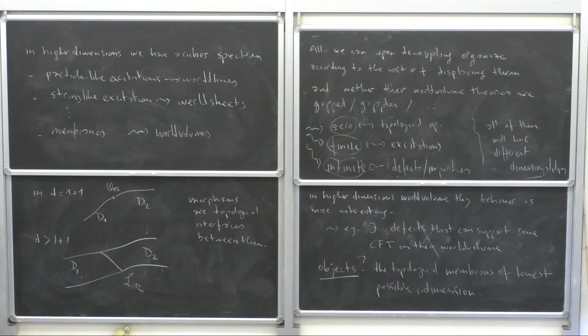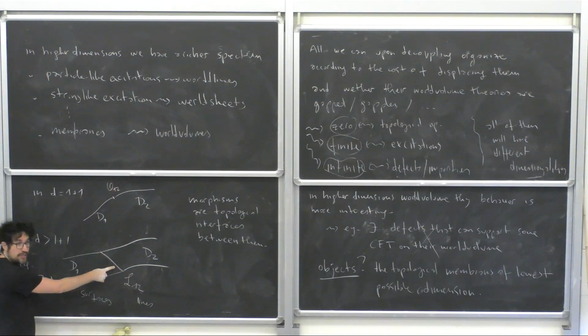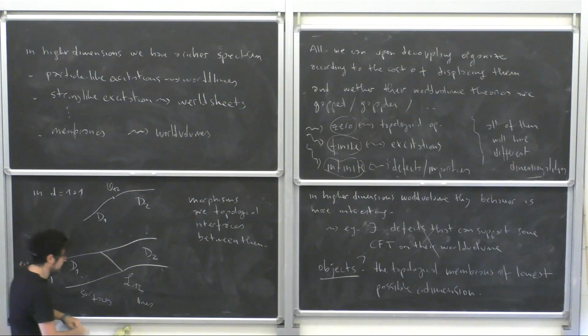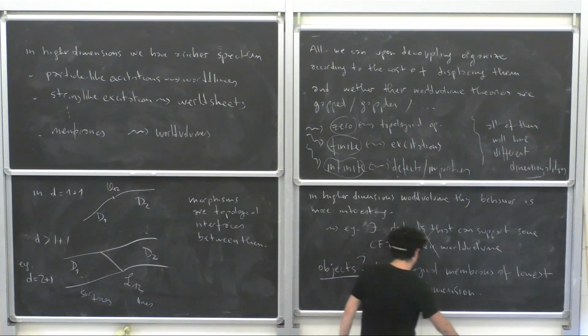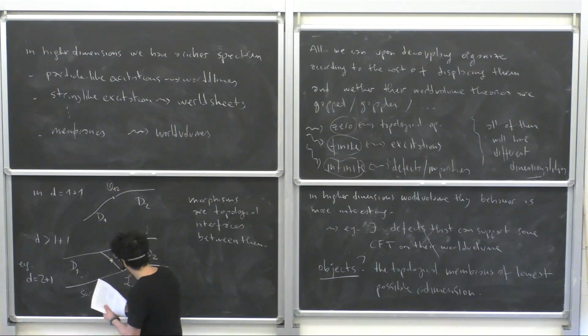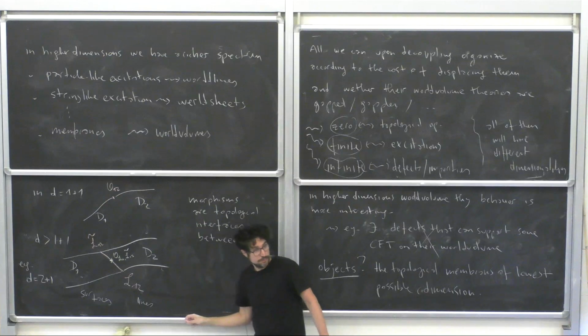But think about the case of 3 dimensions. If we have a collection of topological lines, they will form a fusion category. They are exactly the gadgets that we just constructed in 2 dimensions. And so they will have their own morphisms, in terms of topological points. It can be a point operator connecting this line with another line that still gives rise to an interface between these 2 surfaces.